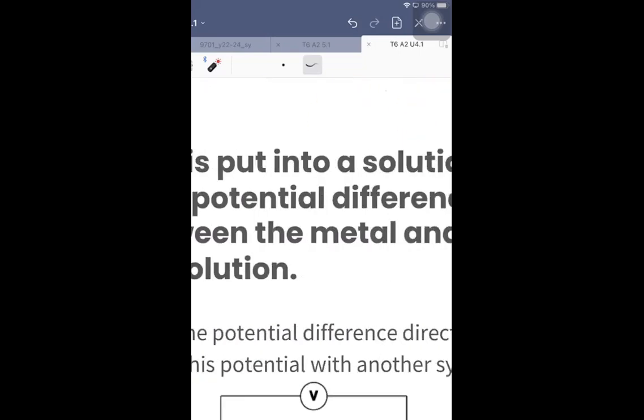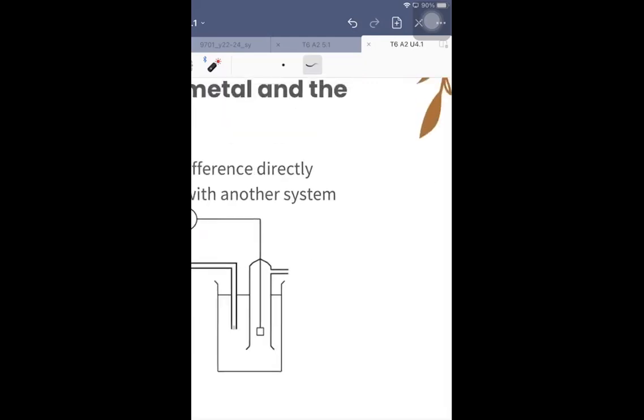So here's an example of one half cell, which is the system between the zinc solid and zinc sulfate. The system that we are interested in here is the zinc 2 plus and zinc solid. The sulfate ions are just floating in the solution, and then we connect this half cell with what we call a standard electrode.